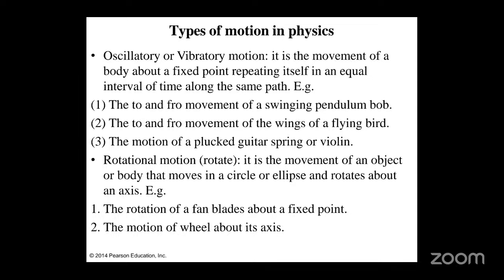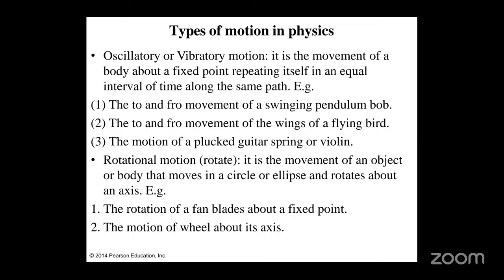Now, the third type of motion is oscillatory or vibratory motion. It is a movement of a body about a fixed point, repeating itself in an equal interval of time along the same path.